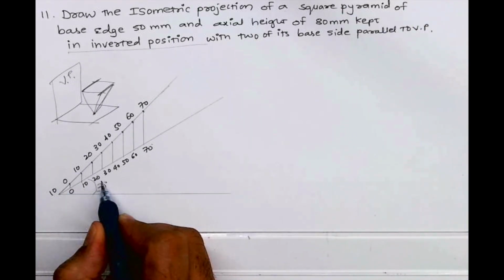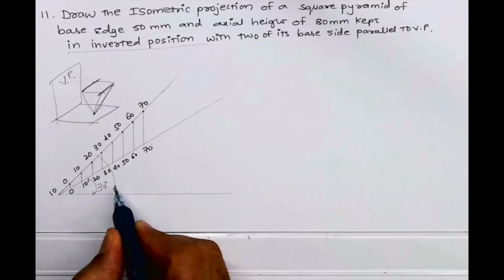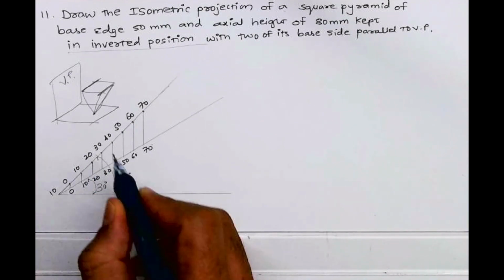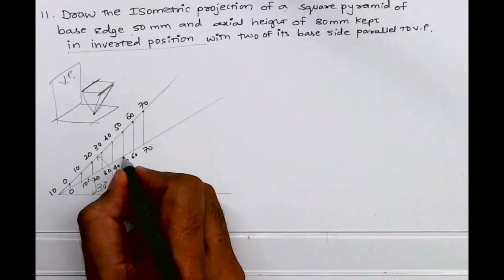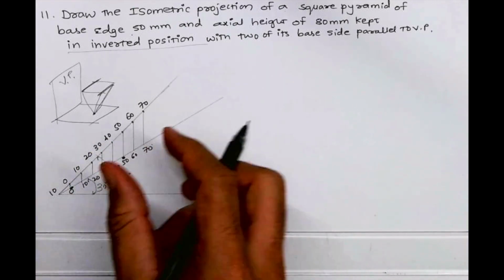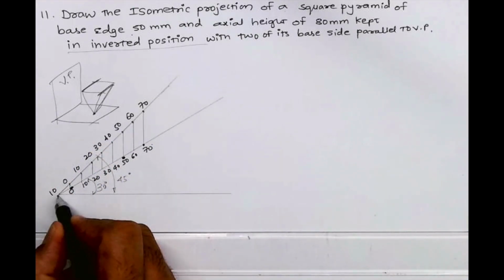Now see, this is 30 degree, this is 45 degree. 50 is from here 0 to 50, and 80 from here 70 to 10.